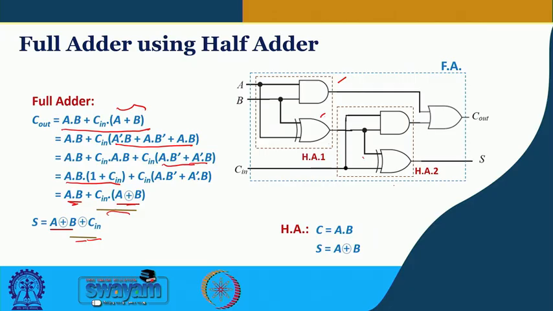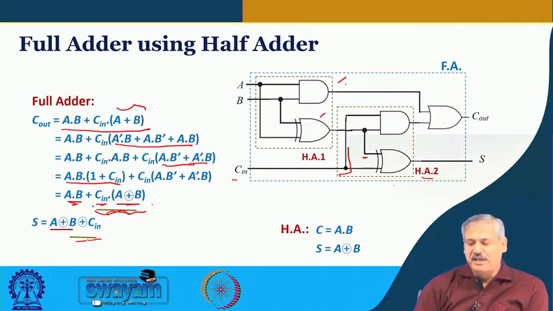This is the half adder, taking the XOR input and C in to get the final sum output, and the other output is A XOR B ANDed with C in. So, these two terms are now available, A B and C in ANDed with A XOR B, and we just need to OR them. Okay. So, this is the way we can get it.